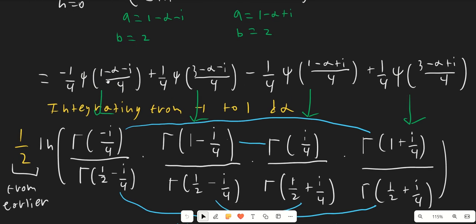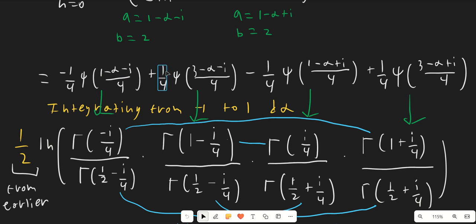So all of these line up with terms of the natural log, and notice I combined them all into one natural log because of the properties of the natural logarithm, I can go ahead and do that. So, from the first one, we get ln gamma of negative i over 4 over 1 half minus i over 4. Again, just plugging in negative 1 and 1 into this and putting it in ln gamma.